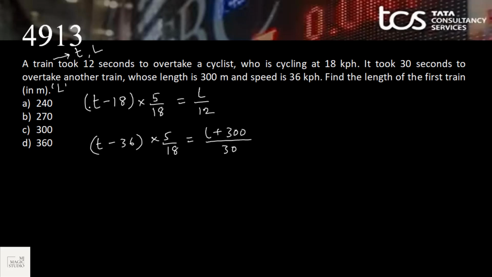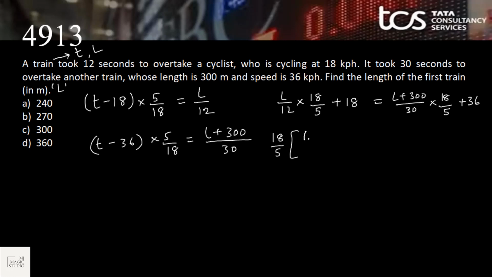So let's first find the value of T from first equation. Value of T from first equation would be L by 12 into 18 by 5 plus 18, and this should be equals to the value of T from the second equation. That is L plus 300 by 30 into 18 by 5 plus 36. So if I take common 18 by 5, L by 12 minus (L plus 300) by 30 equals 36 minus 18, which is 18.